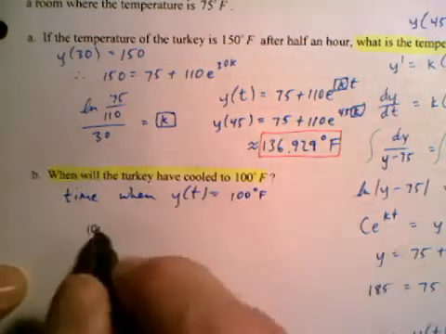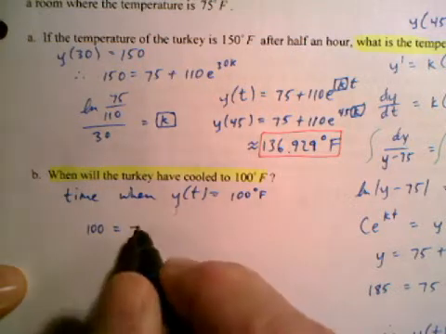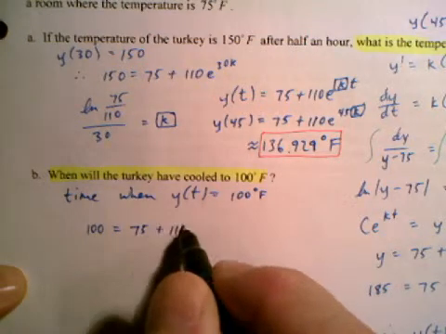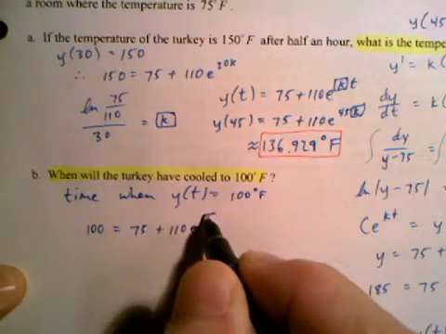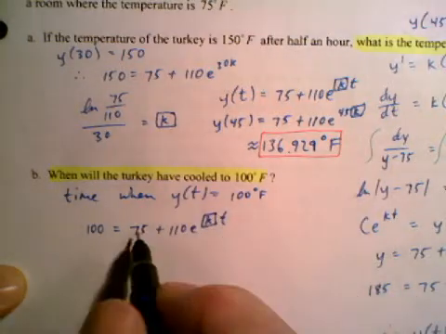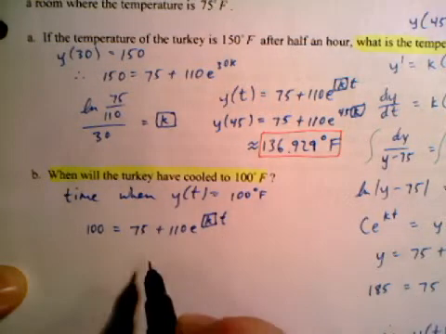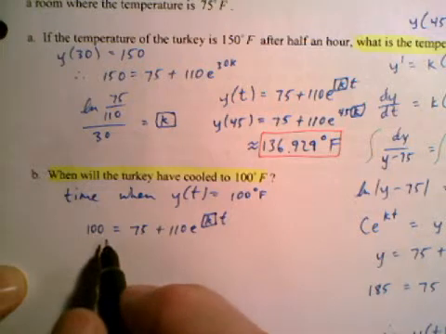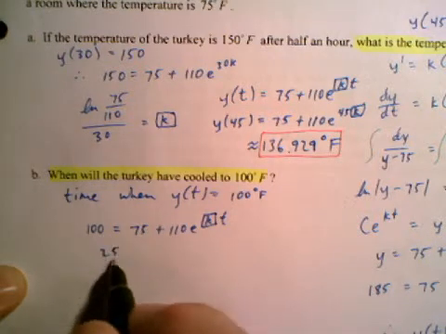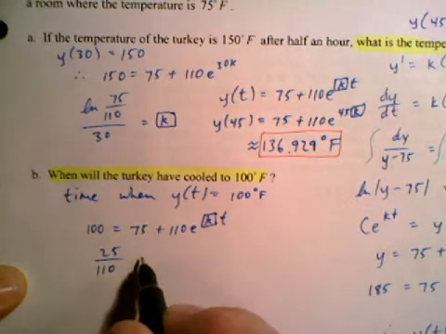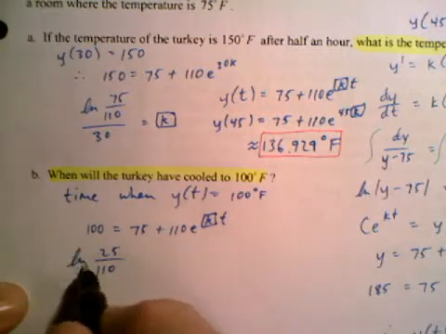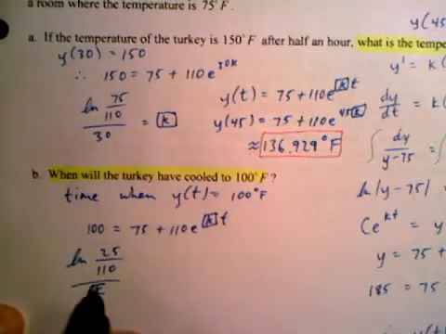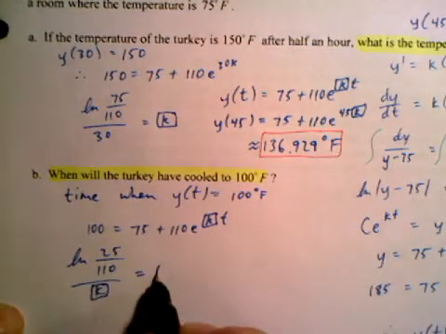So we let y of t equal 100, and we still have 75 plus 110 e to the kt. Subtracting 75 from both sides gives 25, then dividing by 110, taking the log of both sides and dividing by k will give us a time.